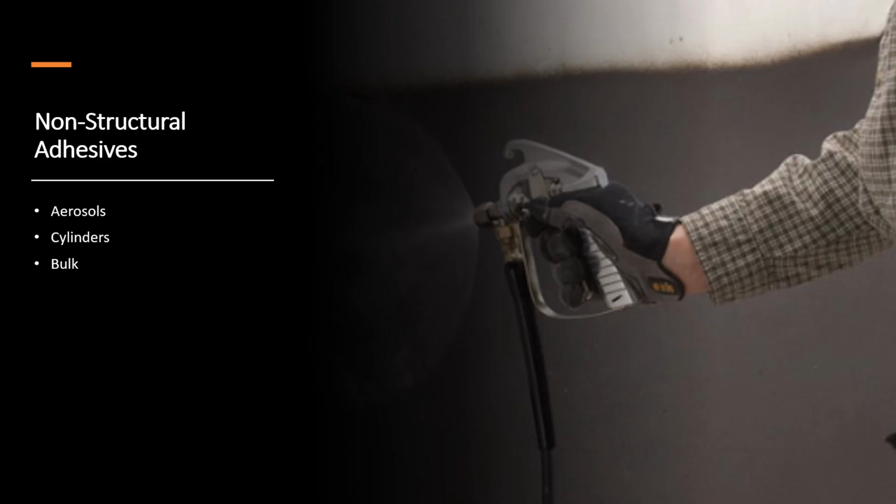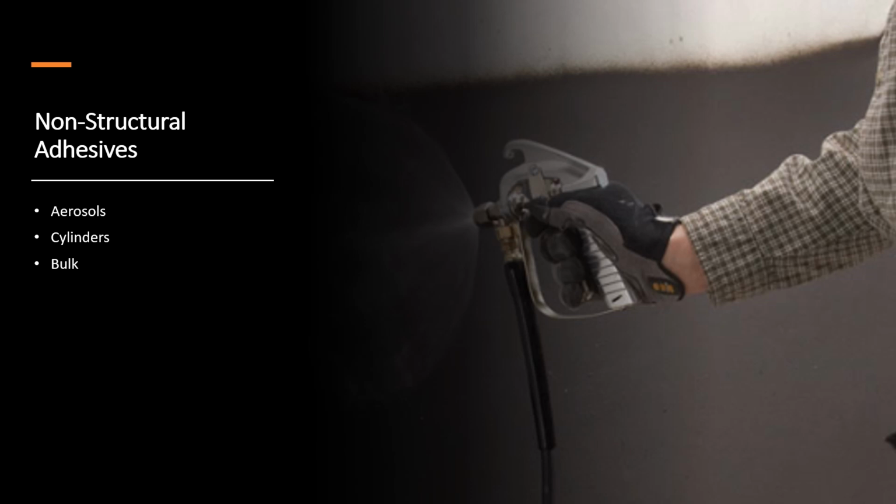So we call these non-structural adhesives, basically liquid adhesives that are either in a roll-on form or a spray-on form. These are available in aerosol cans, cylinder adhesive, so that would be like a cylinder spray, and bulk.